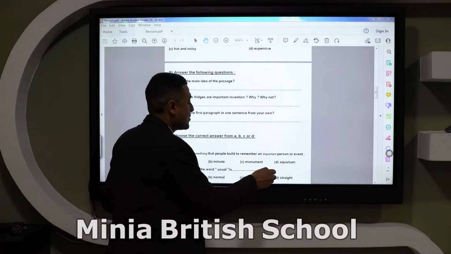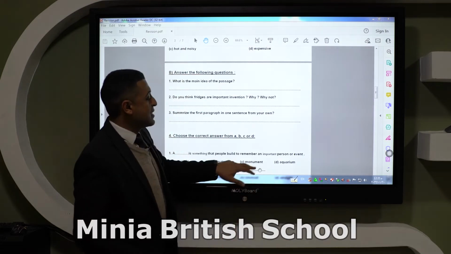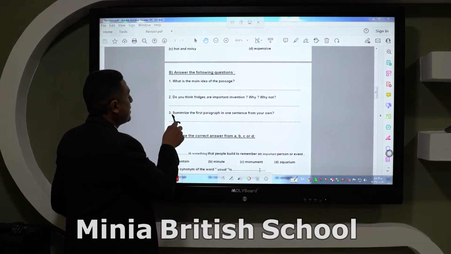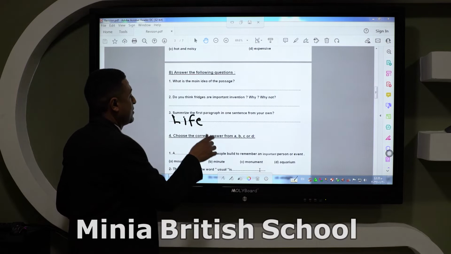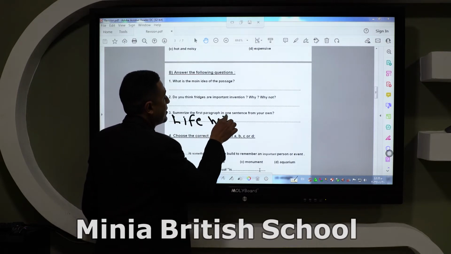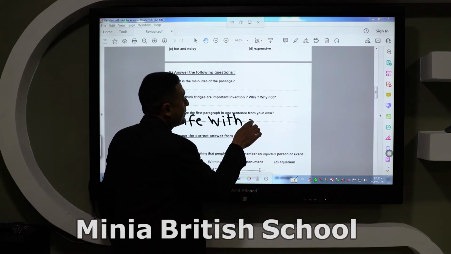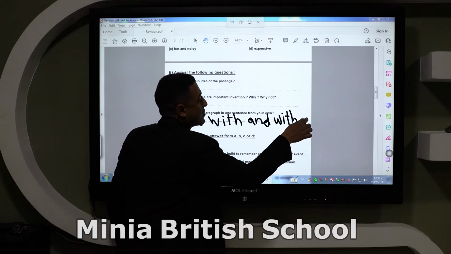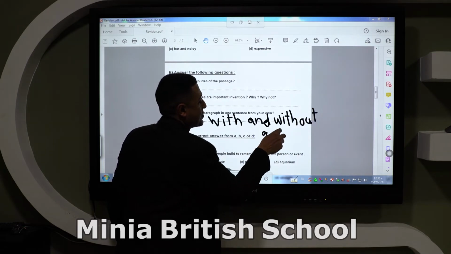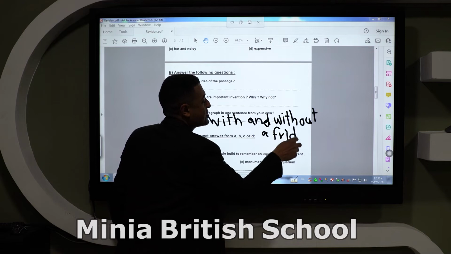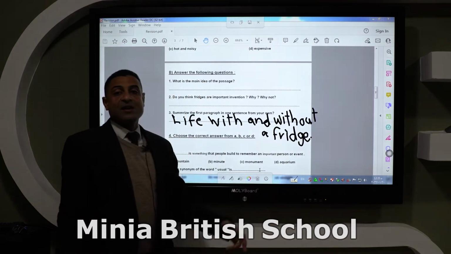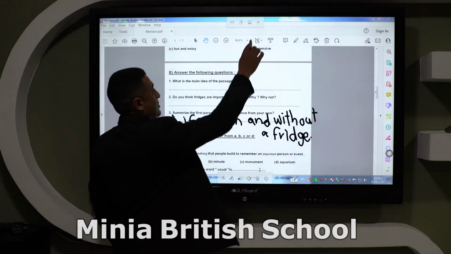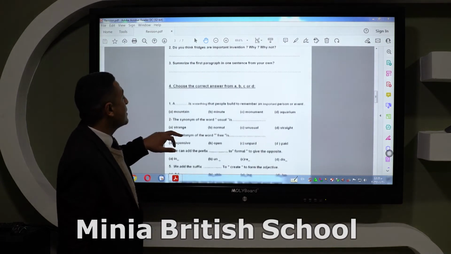Okay, so here we can say that the sentence is: life with and without a fridge. Because the paragraph here is talking about these two ideas. It shows us how people lived without a fridge in the past. So that was about the reading text.